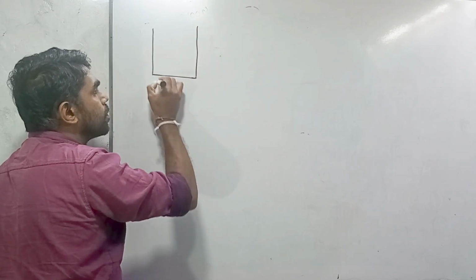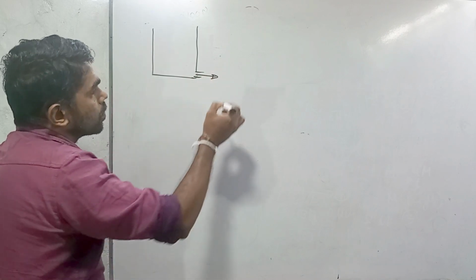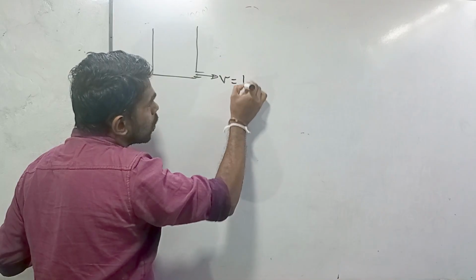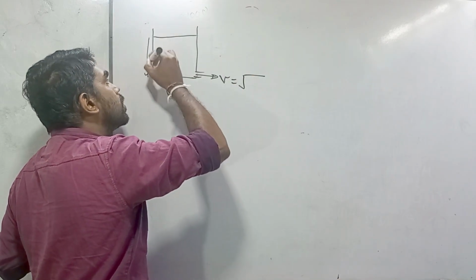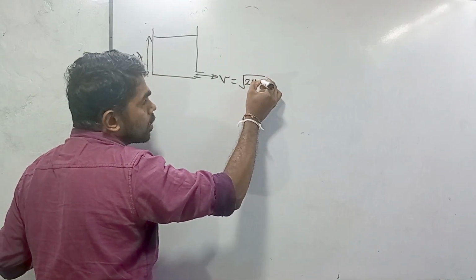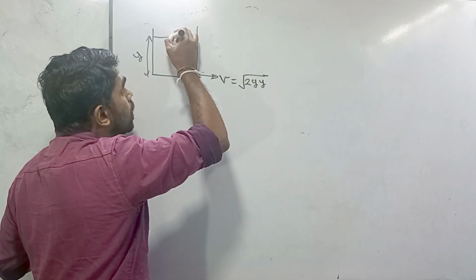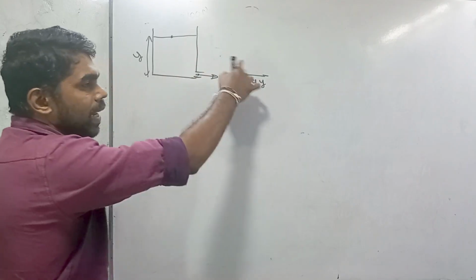We can get the velocity of water as root gh. If the height is given as y, therefore root gy. Actually root 2gy, because we have to use Bernoulli's principle between this point and this point, and we can obtain this equation.